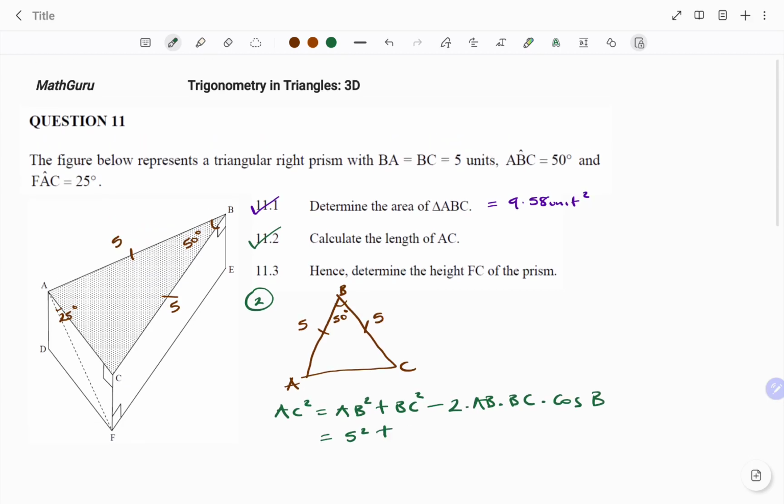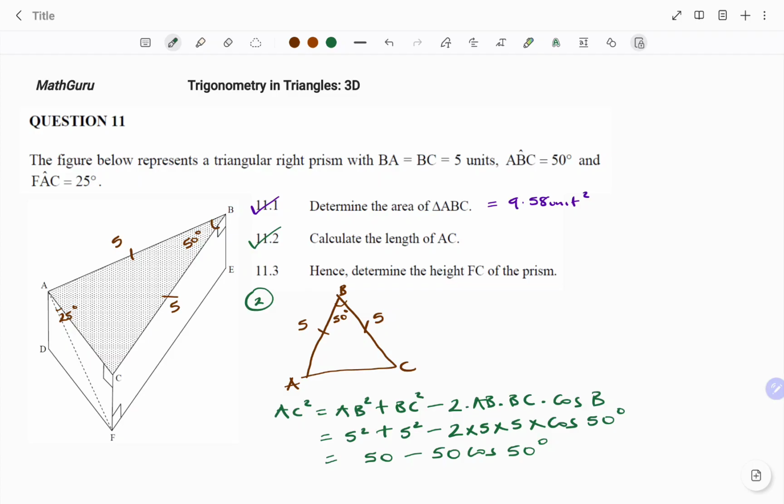plus 5 squared minus 2 times 5 times 5 times cos of the angle at B, that's cos 50 degrees. That's equal to 5 squared plus 5 squared, that's 25 plus 25, I have 50, minus 2 times 5 times 5, that's 50, cos of 50 degrees.